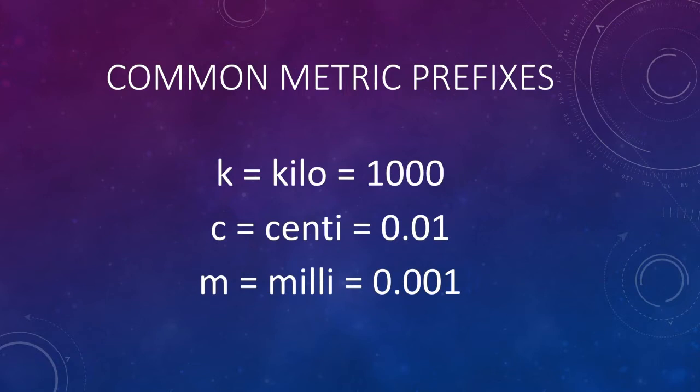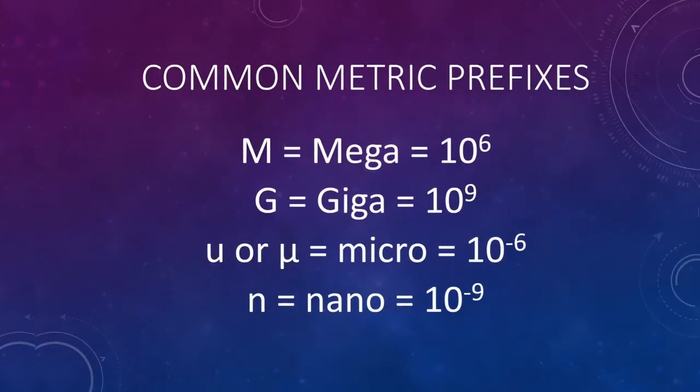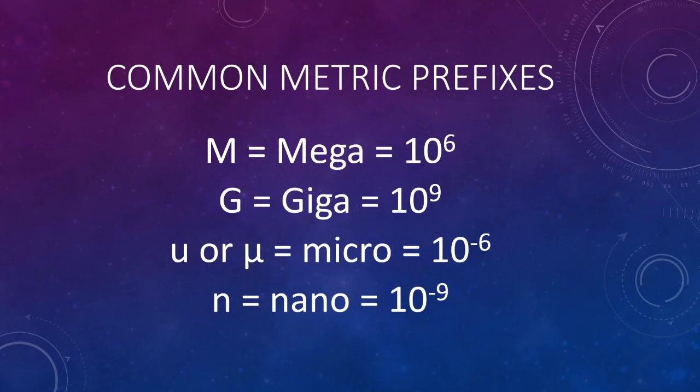Later on, you may go to the higher and lower prefixes. If you're going up, you have mega, capital M, which is 1 million or 10 to the 6. Giga is capital G, and it's a billion or 10 to the 9. And when you go smaller, you'll have micro, which is 10 to the minus 6.